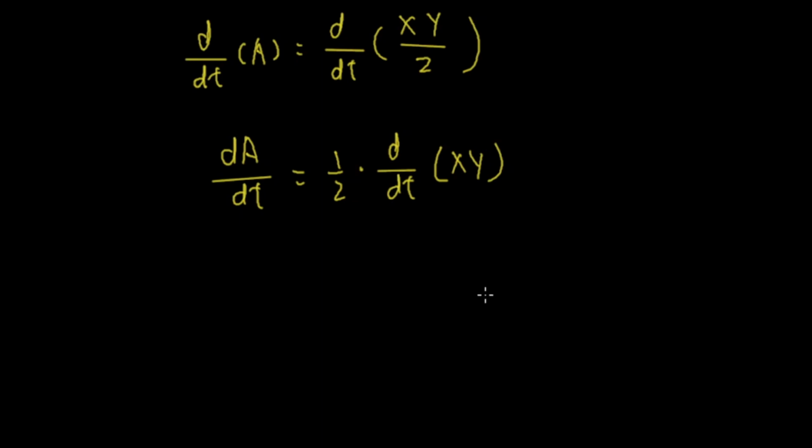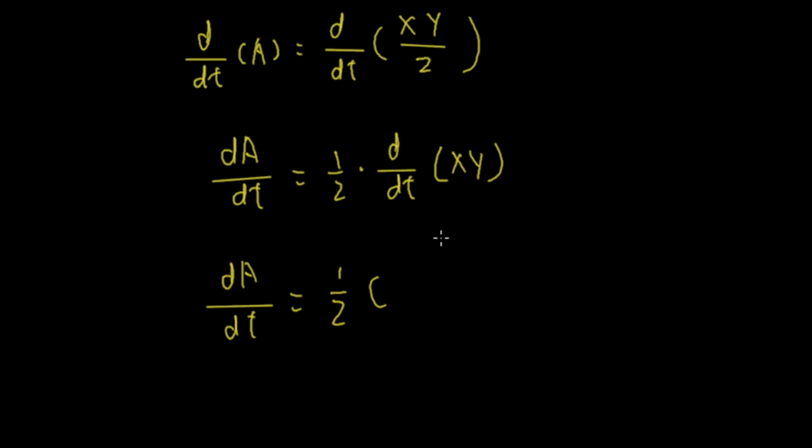Now, to think about the product rule, we have to consider we're taking the derivative of x and y with respect to t, okay? Then it should be done this way. 1/2 times the derivative of, let's say, x first, times y, plus the derivative of y times x.